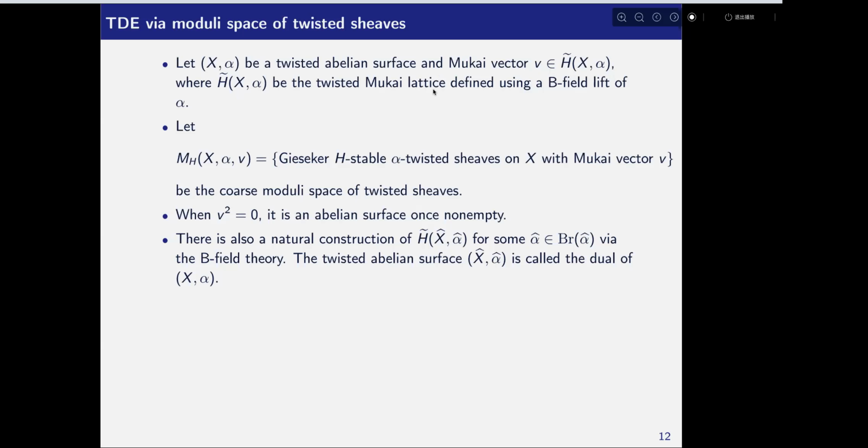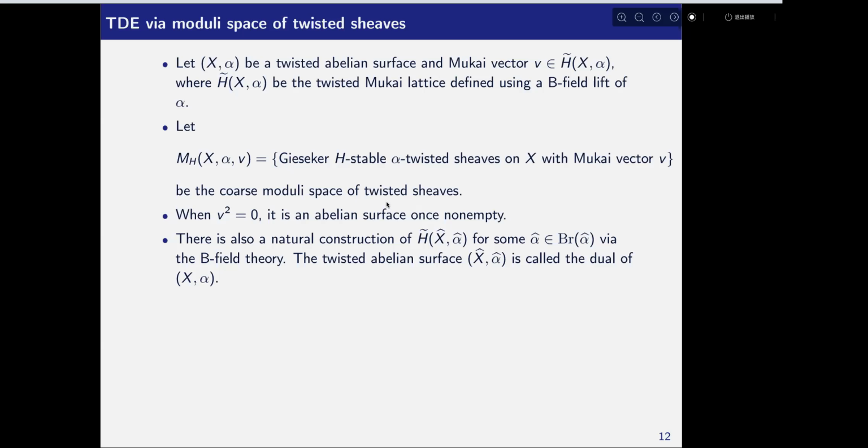This definition is a little complicated because it really depends on the B-field theory, so I decided to omit it. So you define this twisted Mukai lattice, and we can define some moduli spaces. M_H(X, alpha, v) is the moduli space of twisted sheaves on X with a given Mukai vector.